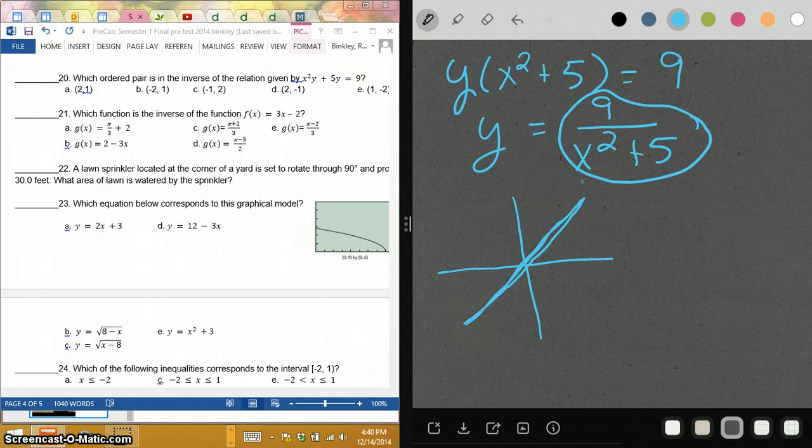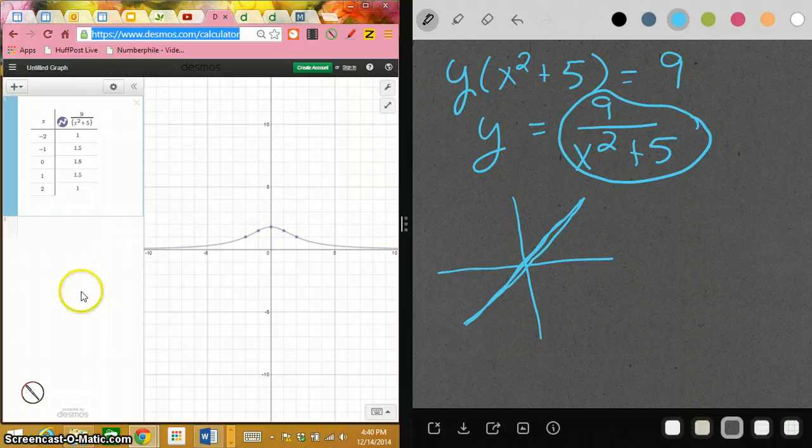In this case, the inverse is not actually a function, so you can't just graph the inverse and get the table, but what you can do is just graph the function, and you have here -2 and 1, -1, 1.5, 0, 1.8. And I'm just going to go through the answers on the paper and take a look.